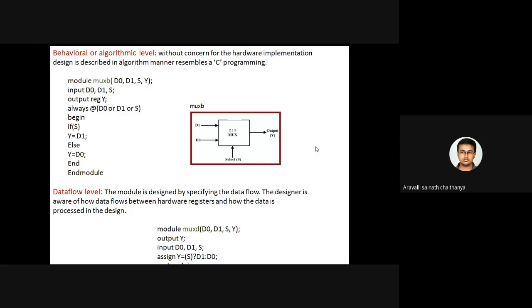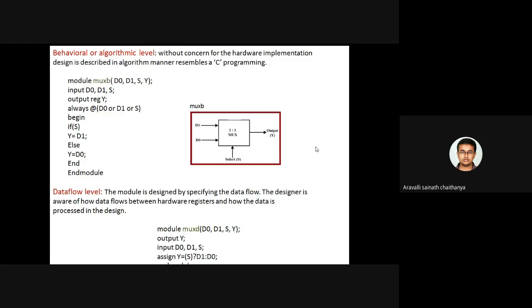Hardware here is simply the logic. It may be logic gates, or transistors, or whatever it is. So without any concern for the hardware, I am going to develop the HDL code.